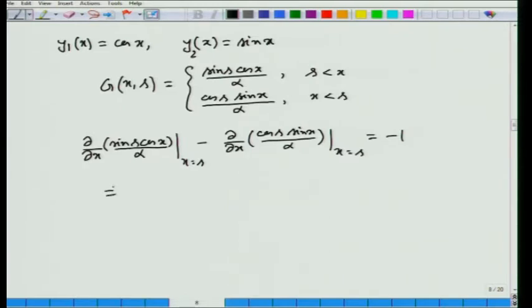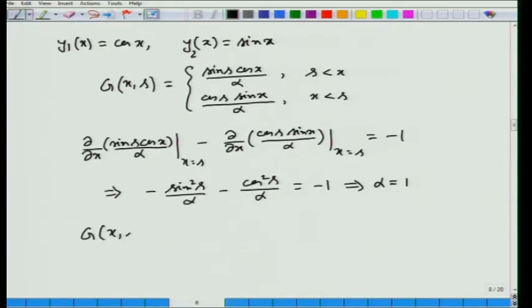So, this gives minus sin² s divided by alpha minus cos² s divided by alpha, this is equal to minus 1, implying alpha equal to 1.